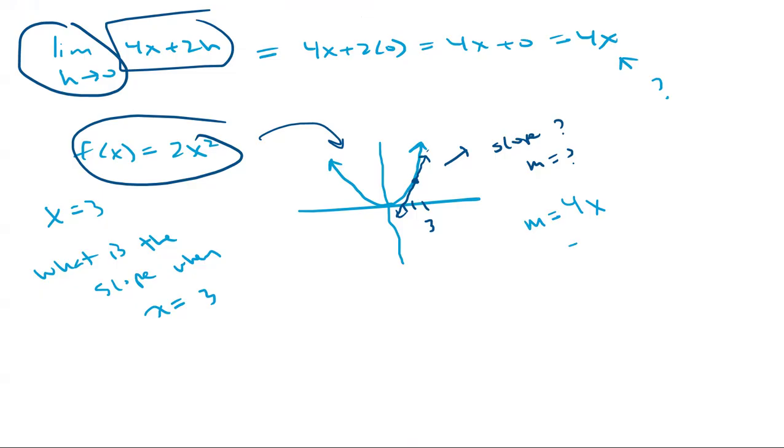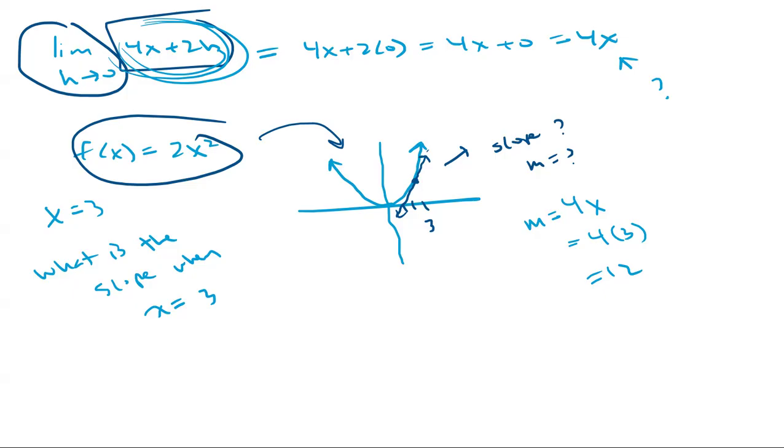So we plug that in for x and we get 12. That's what we wanted to do, not the 2x squared, because the 2x squared is telling us what the graph is. We need to use this one to figure out the actual slope. Before we do that, we plug in 0 for h, which eliminates the 2 times h, and then we get the 4x.